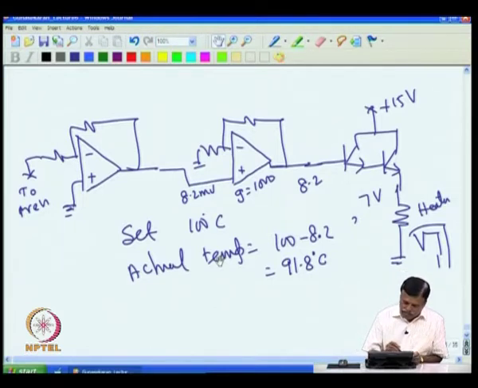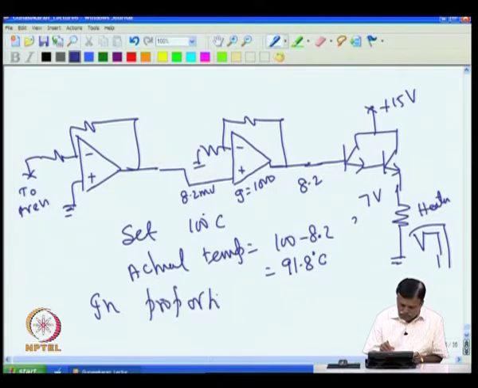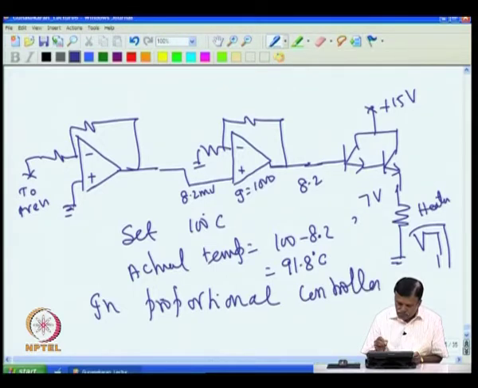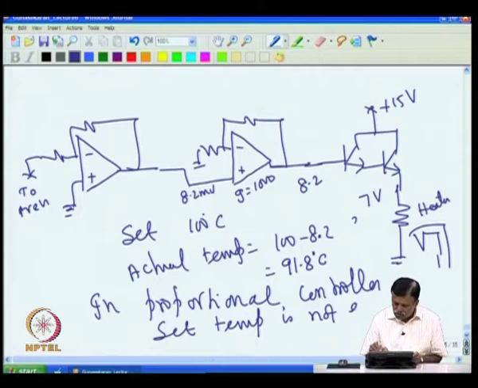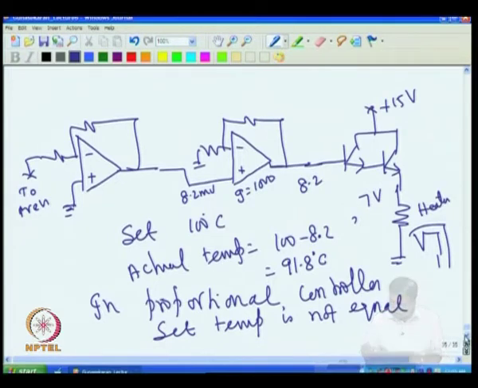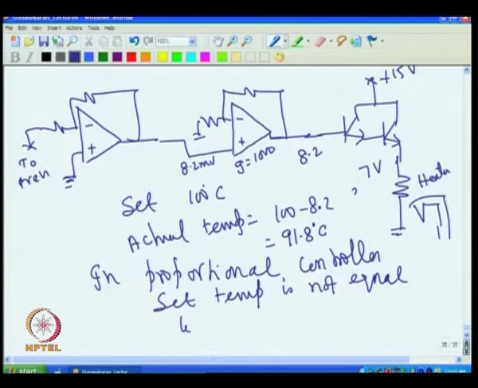So the point to be noted at this stage is that in a proportional controller, the set temperature is not equal to the actual stabilized temperature.